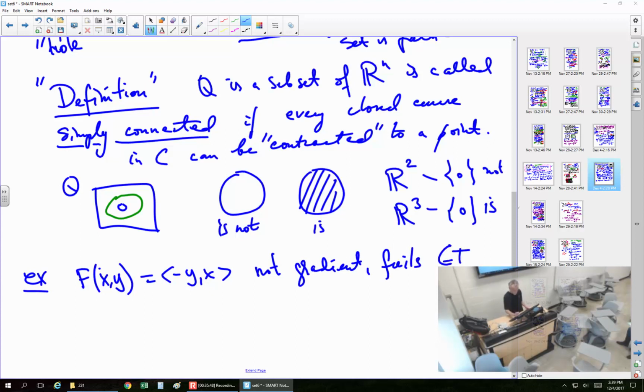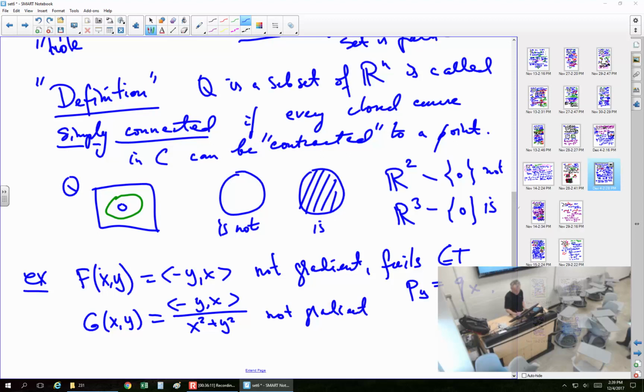The gradient test, if you don't remember, is py equals qx. On the other hand, if I take a new one, negative y, x, and this time it is divided by x squared plus y squared, once again it is not gradient, but it passes the gradient test.